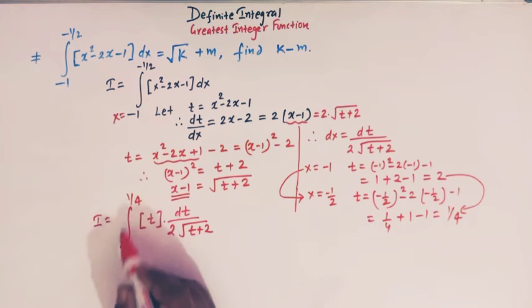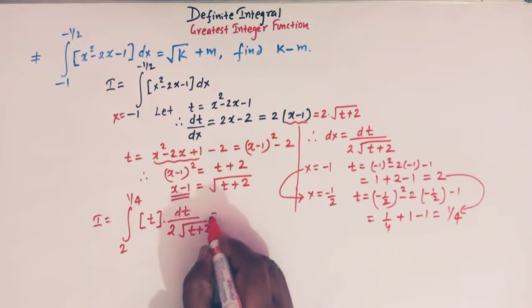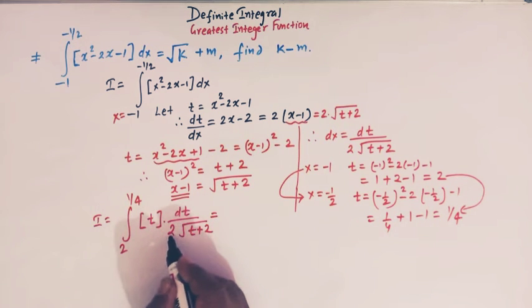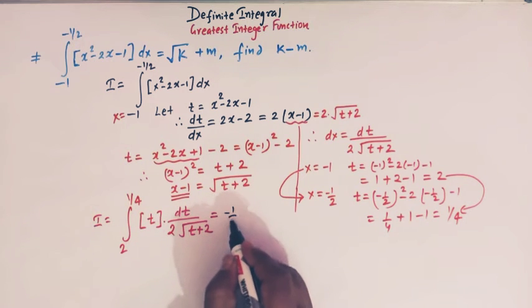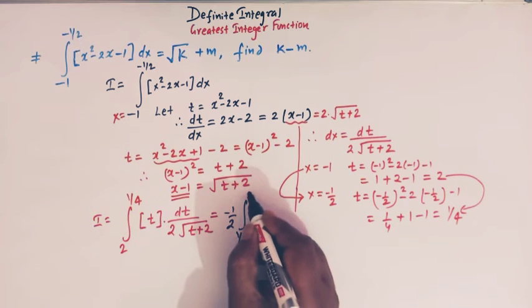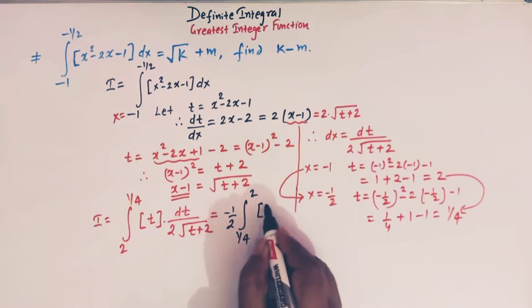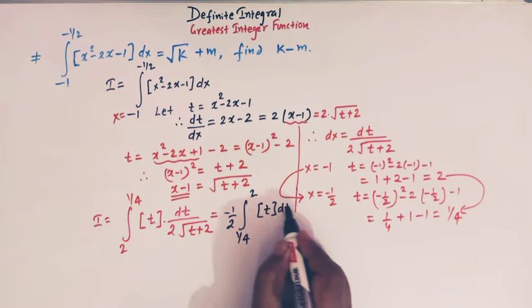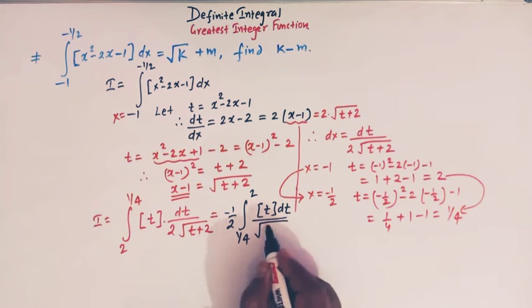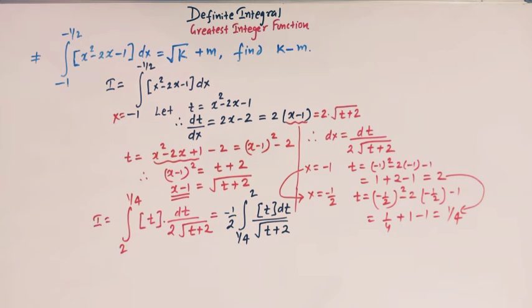If we interchange the limits and take the constant outside the integral, we have minus 1 over 2, integral from 1 over 4 to 2 of greatest integer t dt, with square root of t plus 2 in the denominator. So now we have to solve this integral.